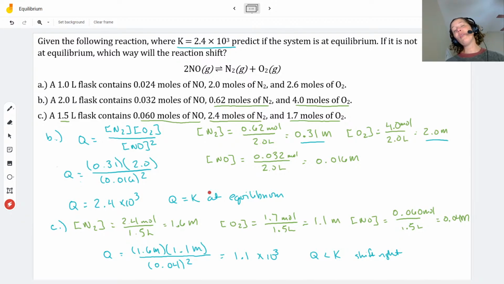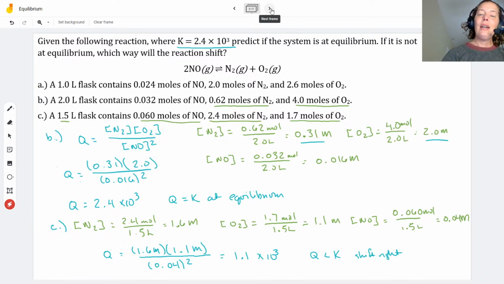Anyway, sometimes you don't have to calculate Q. You can just look at a problem and know it's going to shift left or right, especially if you have no product or no reactant. But if you have concentrations for all of your reactants and products, I do recommend calculating Q because then you know for sure if it's at equilibrium or if it's going to shift.